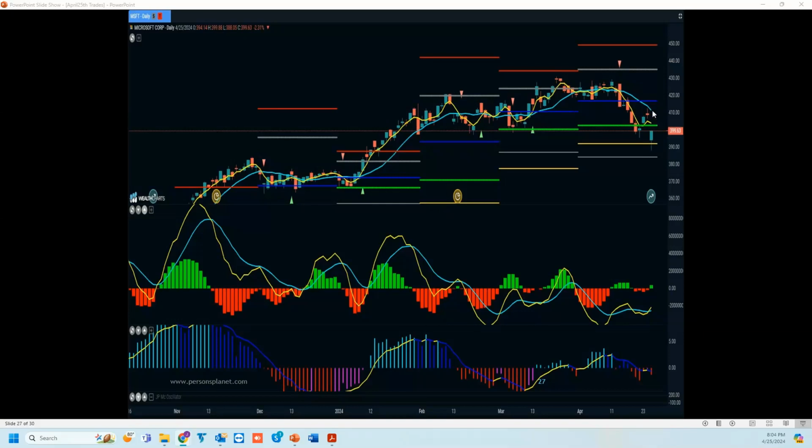So the question is, how long will we stay up there, and what will be the condition of that rally? If the relative strength starts to go up and the volume starts to go up over time, again, this is a daily chart, friends, then it kind of signifies that Microsoft was not a one-day pop and then a flop.